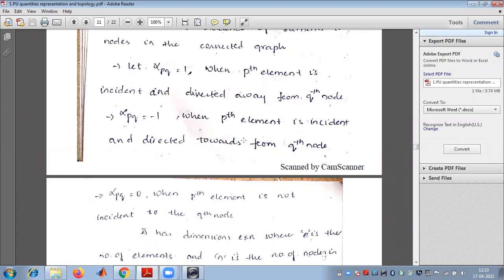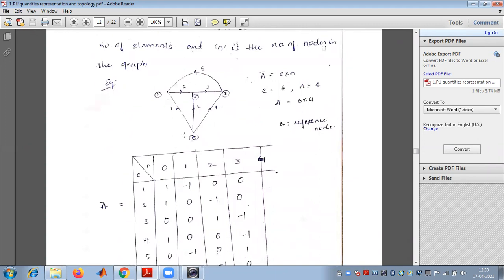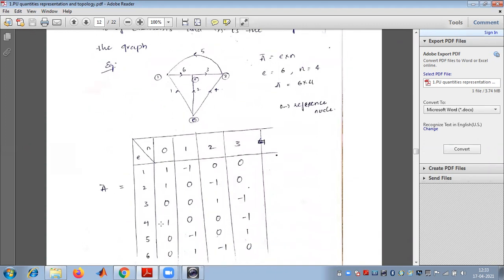Okay, completed. So after that, you please try to draw this graph and the formation of the matrix.